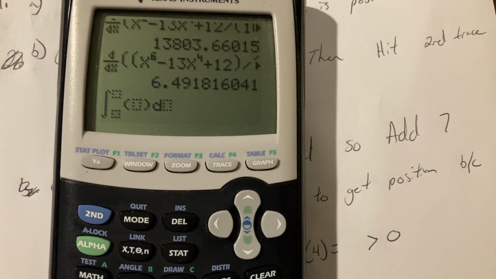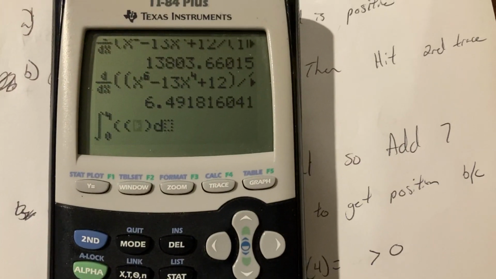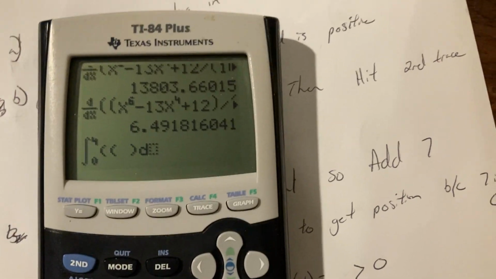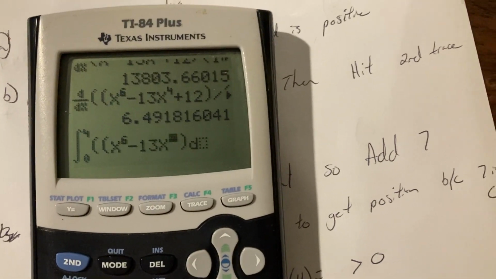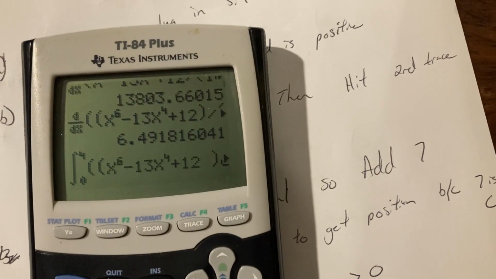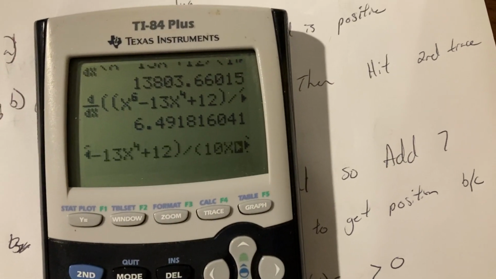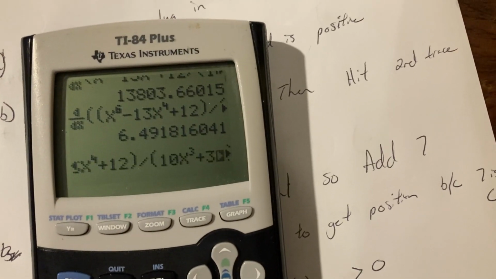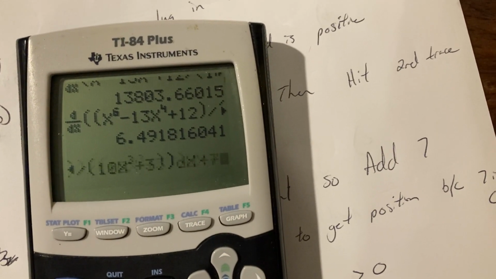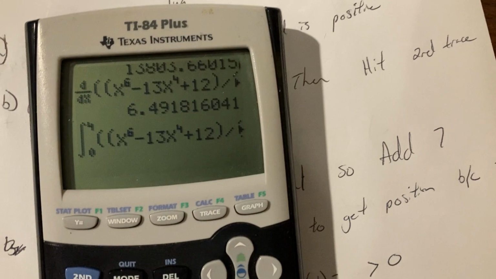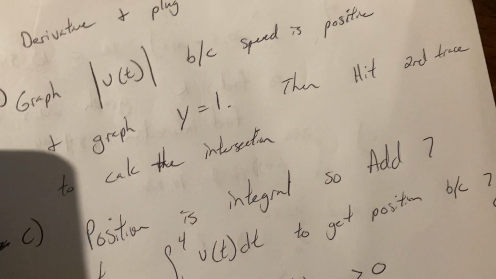Math 9, 0 to 4, and we're punching in our v of t right here, which is x to the 6, once again, minus 13x to the 4th, plus 12, close those parentheses, divided by, open those parentheses, 10x to the 3rd plus 3, close those parentheses, with respect to x, and then we're going to add 7 to that. 6.711. I believe that is the right answer.